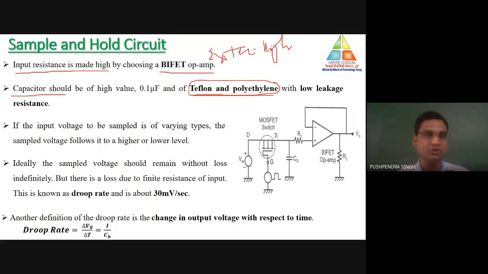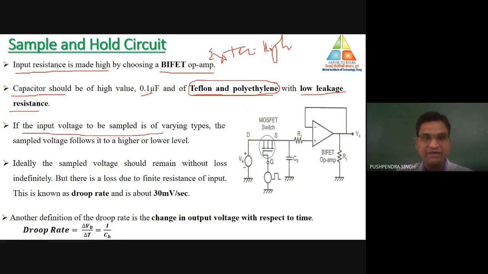Those films are basically used for the design of the capacitor, and its value should be 0.1 microfarad. Why are we using this? For low leakage resistance. It has a minimum leakage resistance, so leakage should not be there. Only on that condition would the holding charge be constant.